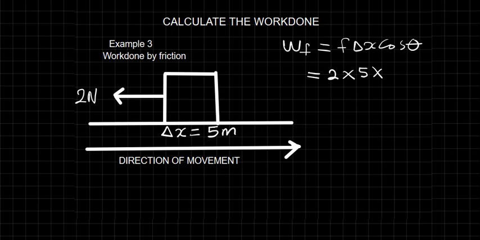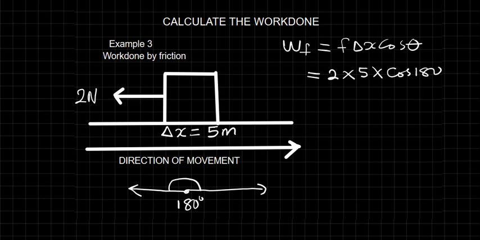The direction of the displacement is to the right, but the friction goes in the opposite direction. Therefore, the angle between the friction and the direction of motion is 180 degrees. So we say cos of 180 degrees. This gives us negative 10 joules.